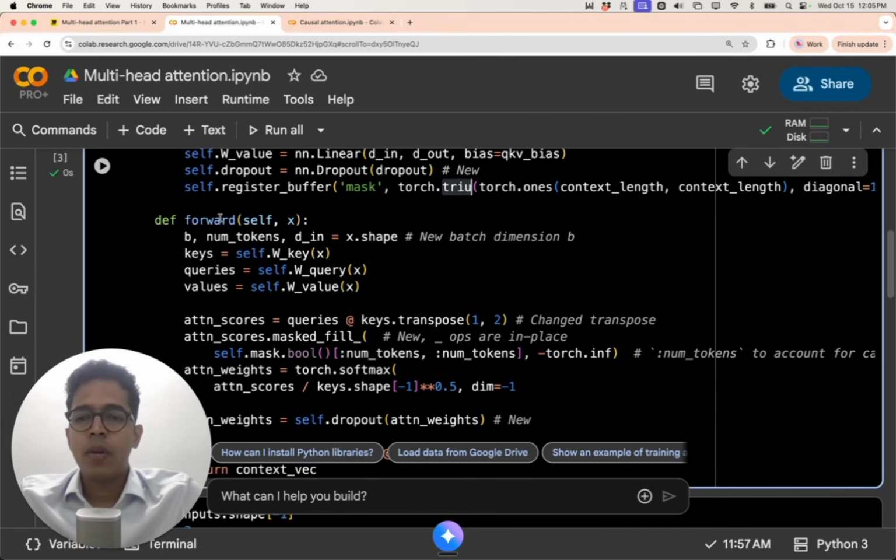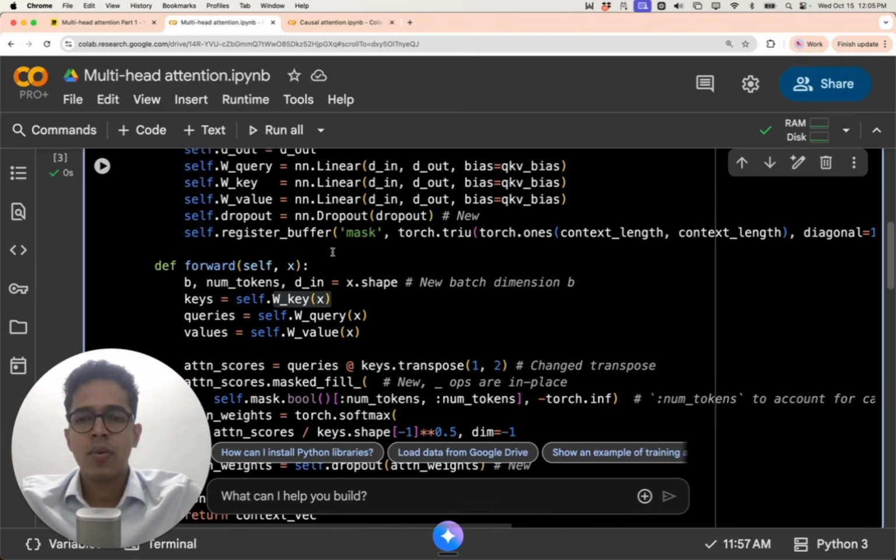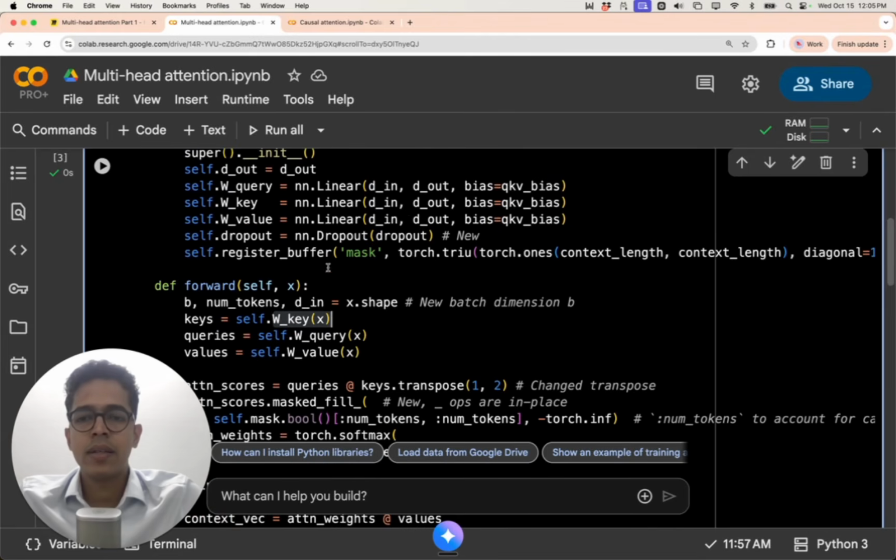Then in one forward pass, what we are doing is we are calculating keys. Keys is W key of X. So what is happening here is that into this nn.Linear function, we are passing X. X is the input, and that input gets transformed using a matrix whose dimensionality will be d_in multiplied by d_out. So d_in will be 3, d_out will be 2.